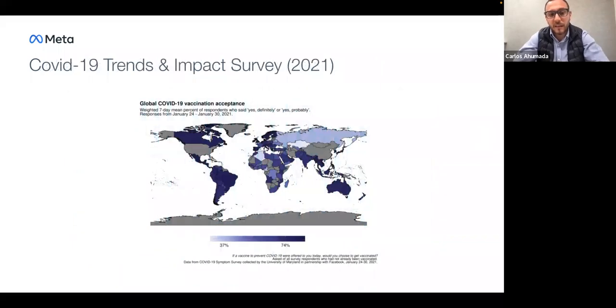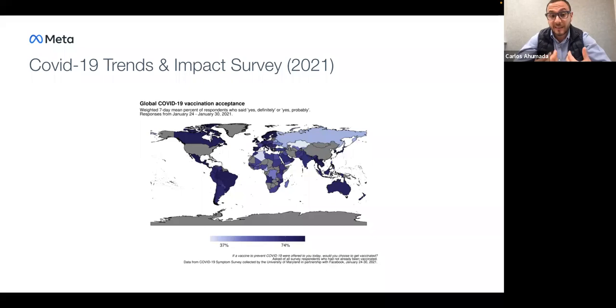Then we have the COVID-19 Trends and Impact Survey. And as I was saying, this has been crucial for governments to understand the actual current status of COVID-19, for example, vaccination acceptance, but also to understand how symptoms have been evolving, because people have the opportunity to self-report whether they are feeling certain symptoms of flu or more COVID-19 related symptoms.